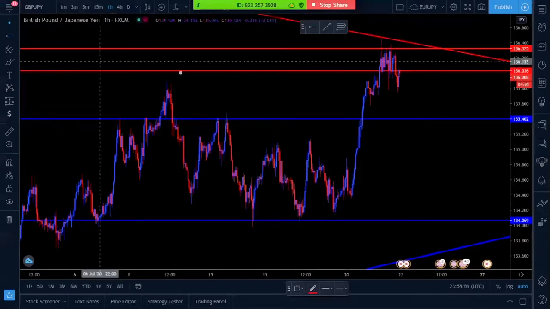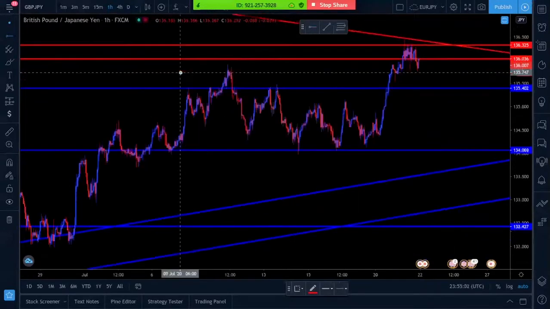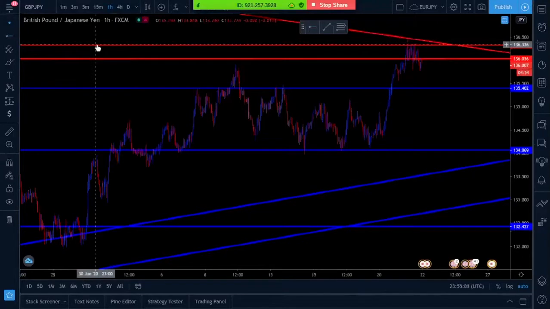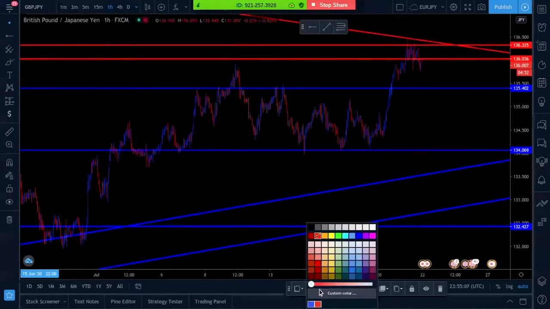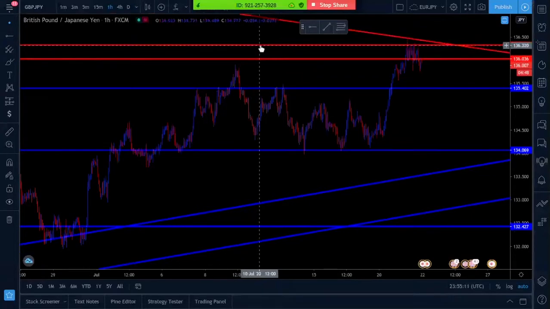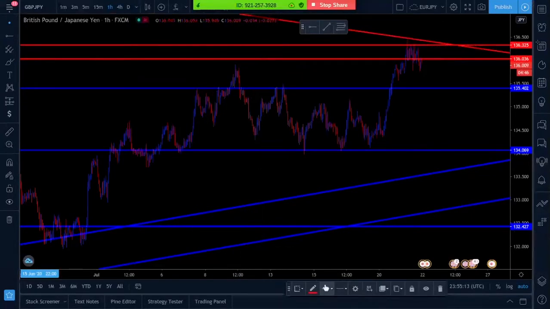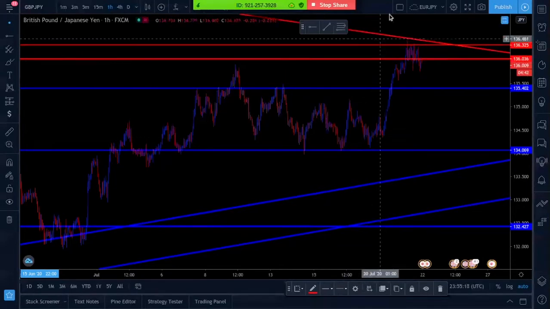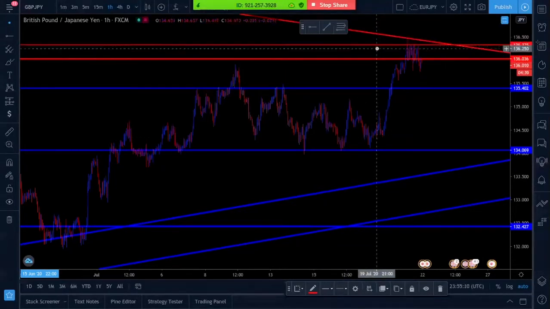So that's one resistance, guys. Oh, I didn't make it thin. I gotta make it thinner. So obviously you guys can see the difference between the thickness of the lines.